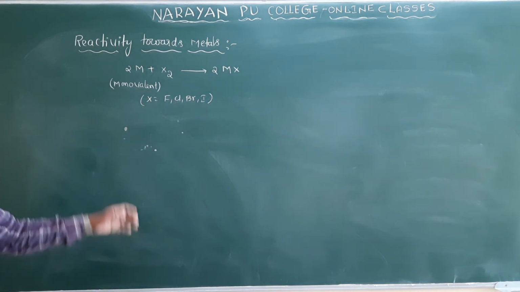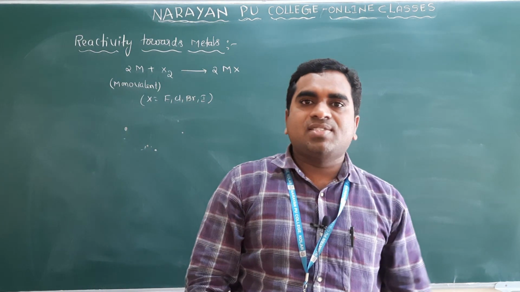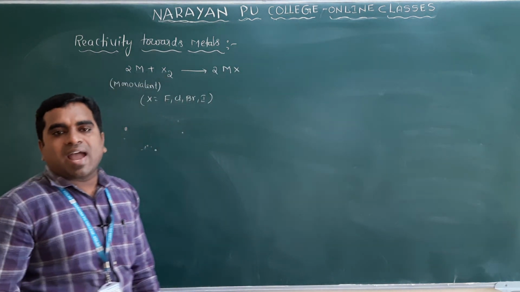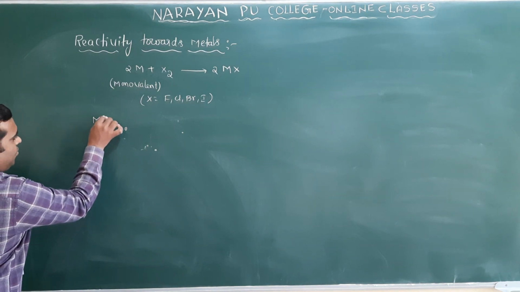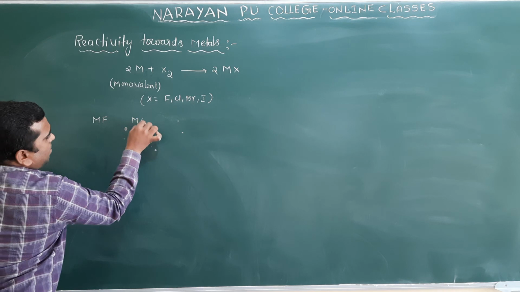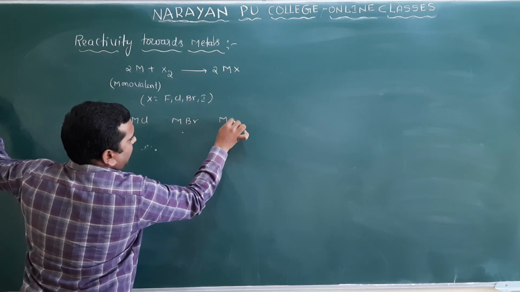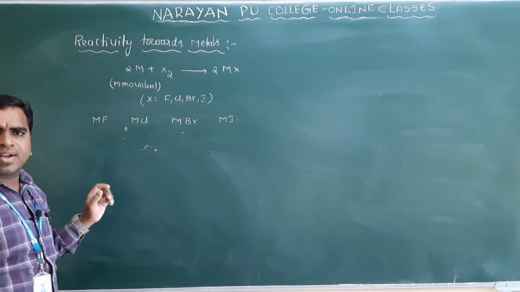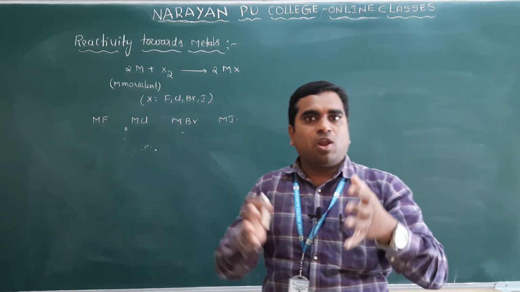Now if you take these metal halides, MF, MCl, MBr and MI, what is the ionic character? You know that for covalent character, the cation should be small and the anion should be large.